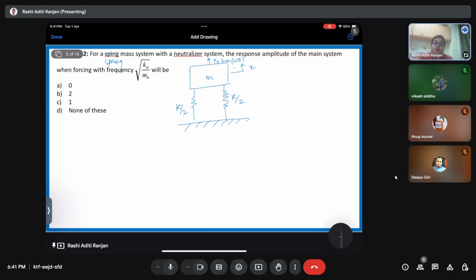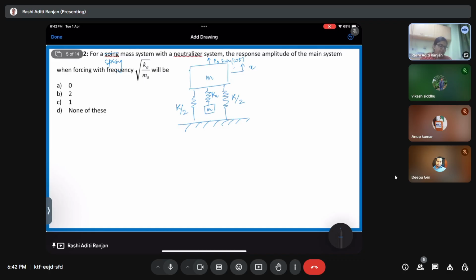Now, if I want to reduce the effect of vibration, I use another spring and I attach another mass, Ma, which I call an absorber or a neutralizer. It tries to neutralize the vibration of my main system. Since I've applied it, how is it going to help me reduce the vibration?